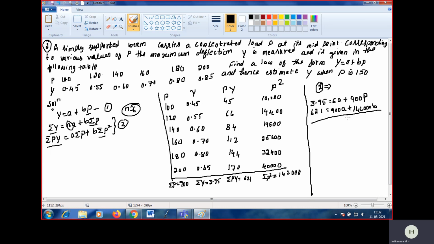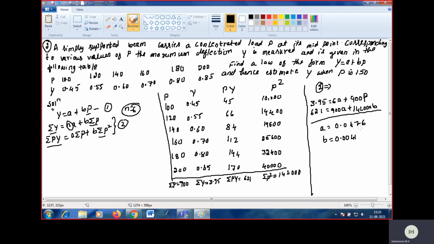Now solve these two equations using your calculator. Two equations with two unknowns. Obtain the value of A as 0.0476 and the value of B as 0.0041.